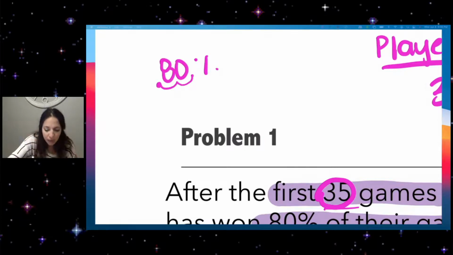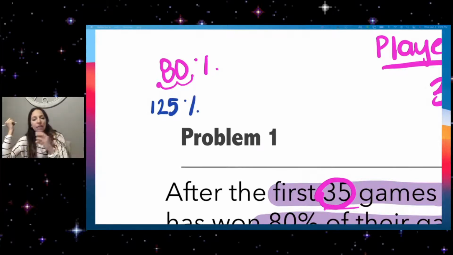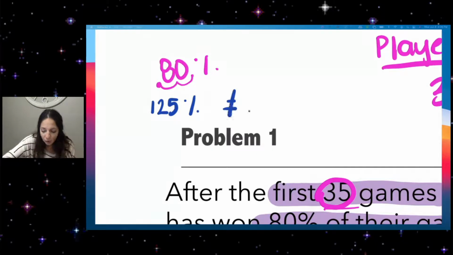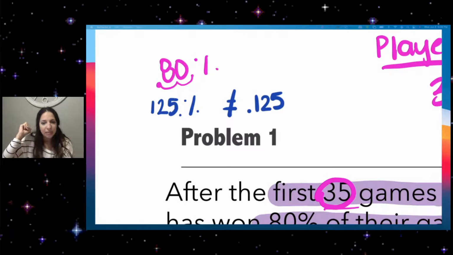Where people get tripped up is if I said I want to make 125% of my salary next year, and I need to translate that into a decimal, it does not equal 0.125. We hop the decimal 2 places to the left, and I get 1.25.